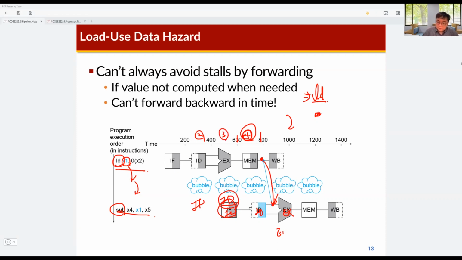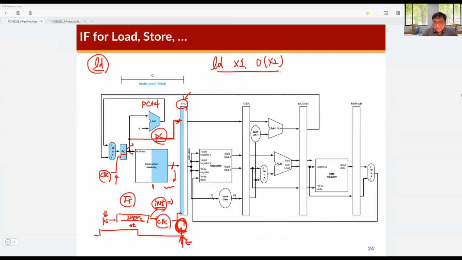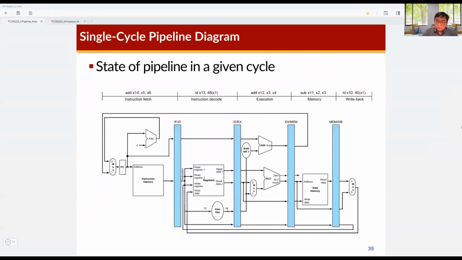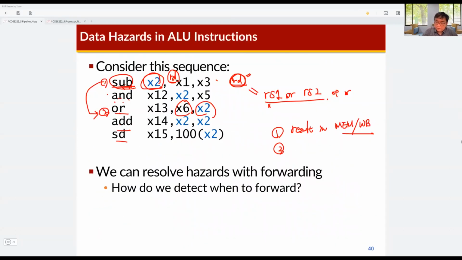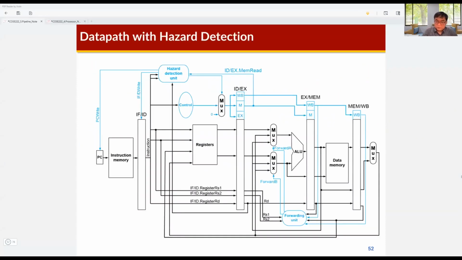The sub instruction is stalled at clock cycle number 3 because it requires data at the EX stage at clock cycle number 5. So this pipeline stall should be implemented for the load-use hazard.